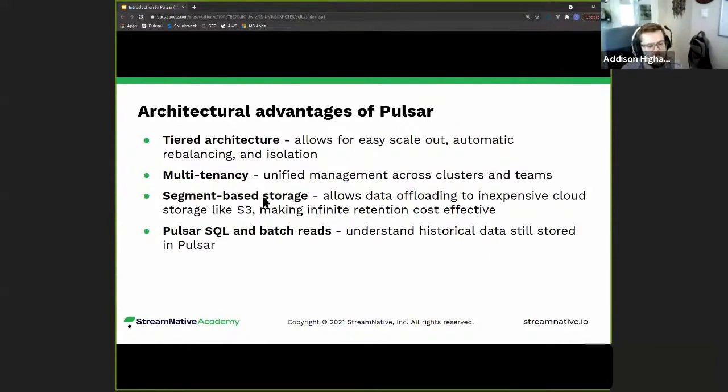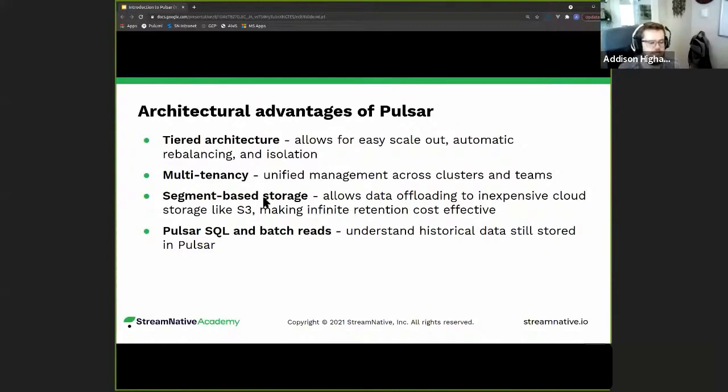Multi-tenancy is directly due to Pulsar's unified management from a metadata perspective. The segment-based storage, which we'll talk about, is how Pulsar is able to have tiered storage out of the box, which allows for offloading of data to things like S3, with no change to the end user being able to read that data back out, which makes infinite retention cost effective.